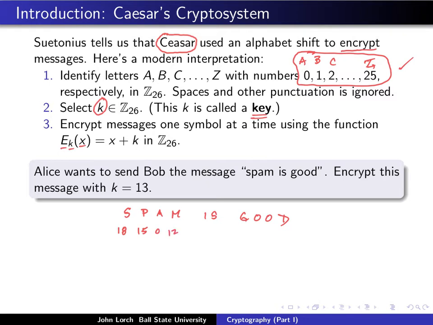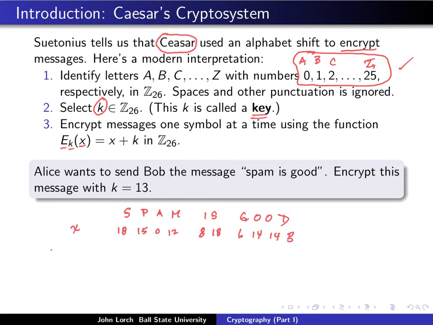Now we're ignoring spaces at the moment. I is letter 8. S is letter 18. G is letter 6. O is letter 14. And finally, D is going to be letter number 3. So these are our values of X.